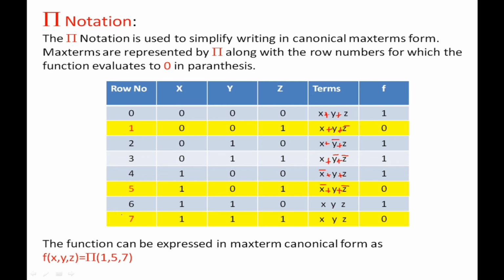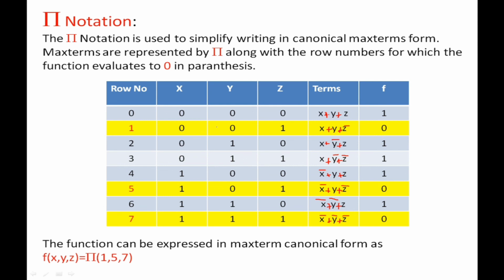In row number 6, 1 1 0, it is x bar plus y bar plus z. And row number 7, where x, y and z are all 1, it is x bar plus y bar plus z bar, where the function is evaluating to 0.